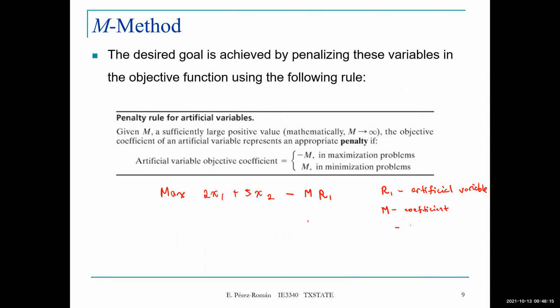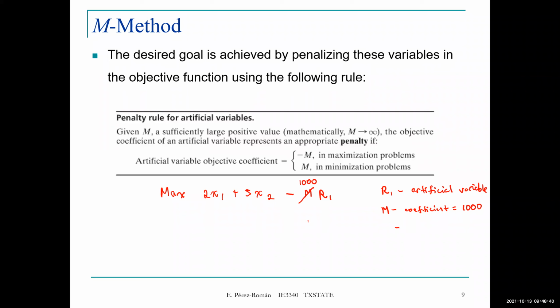Let's say this could be a coefficient equal to 1,000. So what's going to happen? Again, R1 is a variable. Now we are saying M is 1,000. So in this problem, since you're maximizing, that negative 1,000 is going to force R1 to be zero in the optimal solution. Why is that?